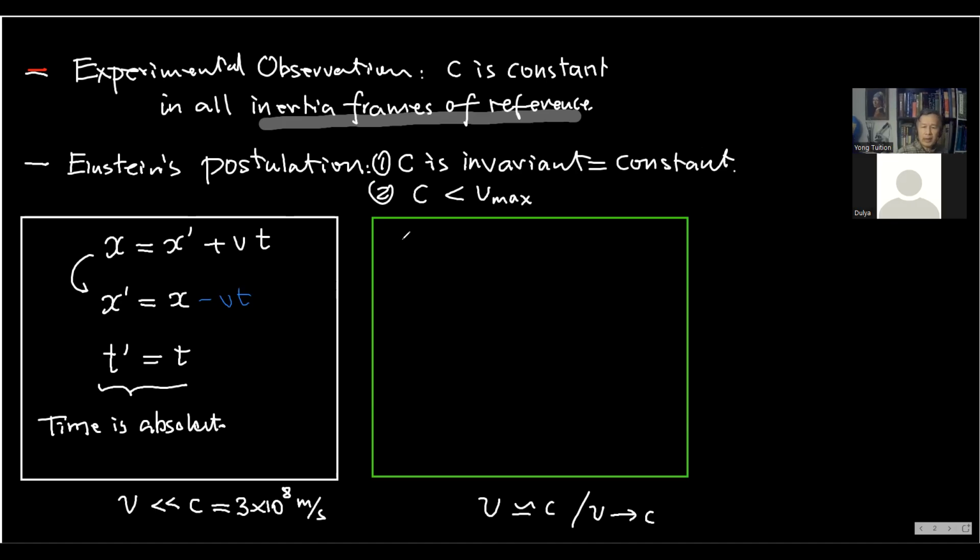Now, one thing we have to abandon: according to Galileo, we have x prime equal to x minus vt. Now you have to multiply by a factor. Can we put the gamma here? I will have to put a factor in front of x minus vt.